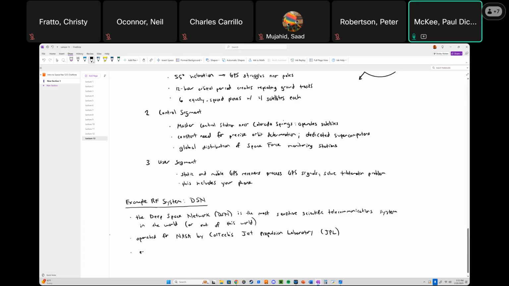Established in 1958. This is the primary means of communication and radio frequency navigation with interplanetary spacecraft.